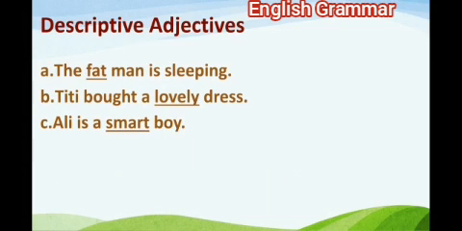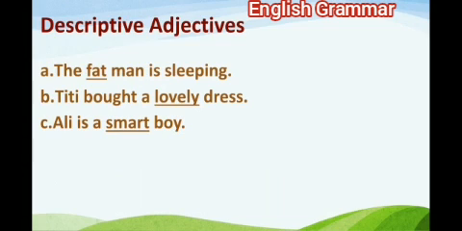Look at the third sentence. Ali is a smart boy. A descriptive adjective describes the noun. It tells us the quality or the kind of noun, or the kind of animal, place or thing that we are talking about in the sentence. So Ali is a smart boy.